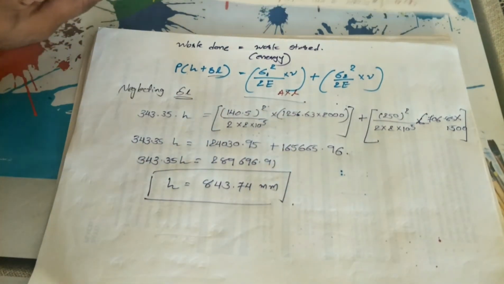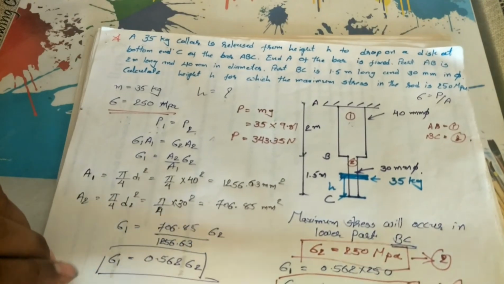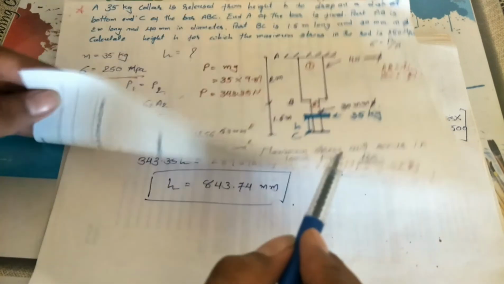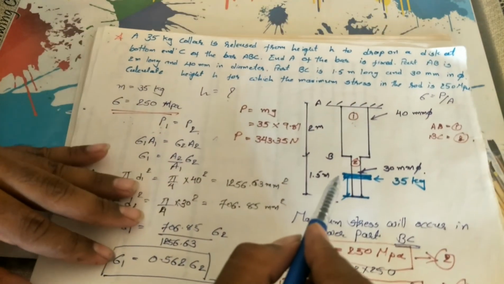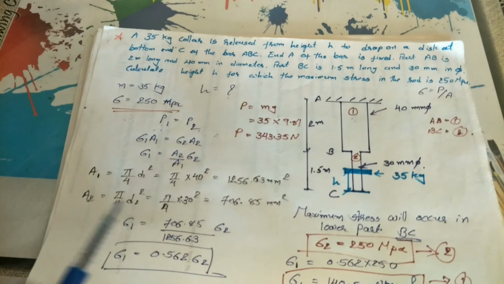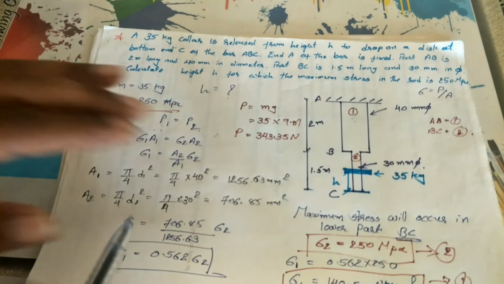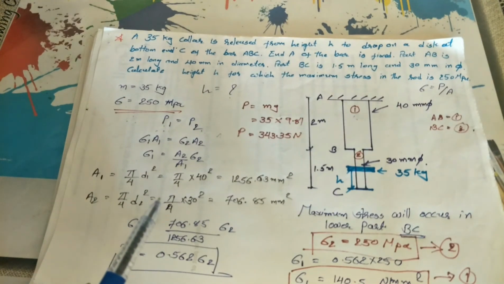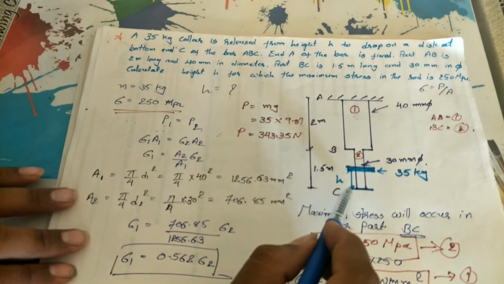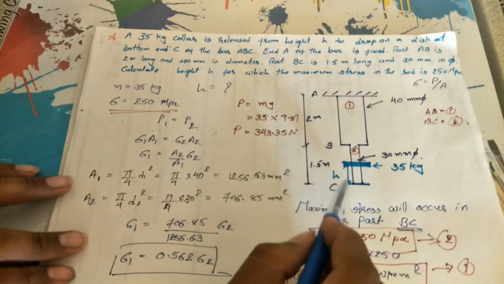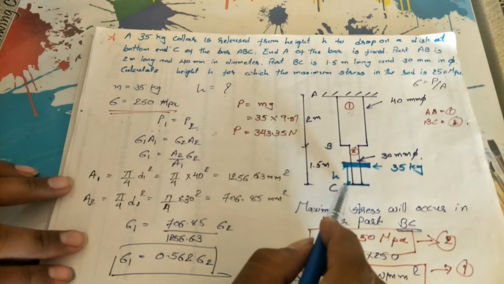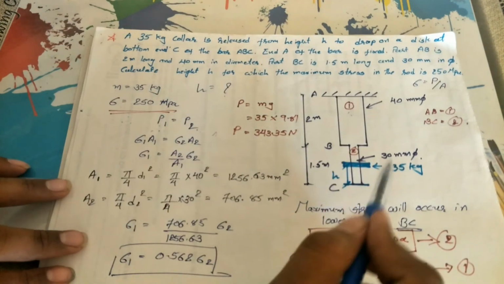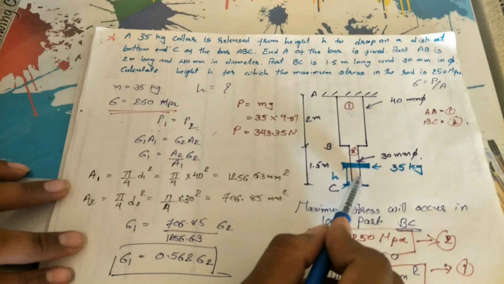mm. So in this question we have calculated H, that is 843.74 mm height. Here in our question, if your load of 35 kg weight falls from a certain height, we calculated that height, but that is for the 30 mm diameter.